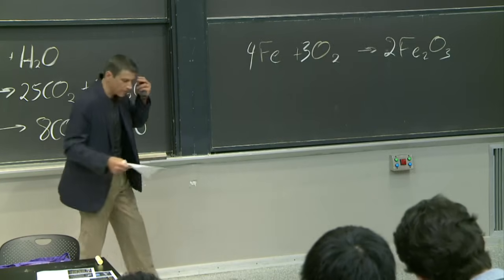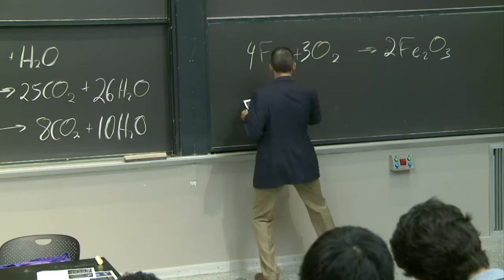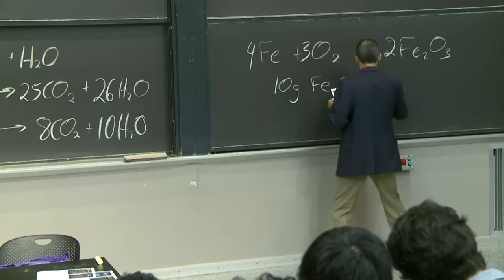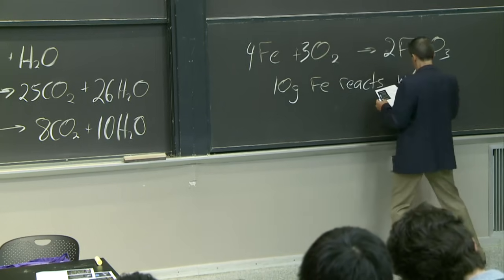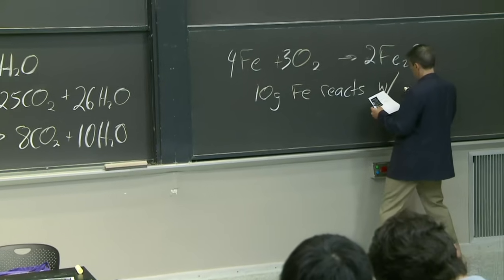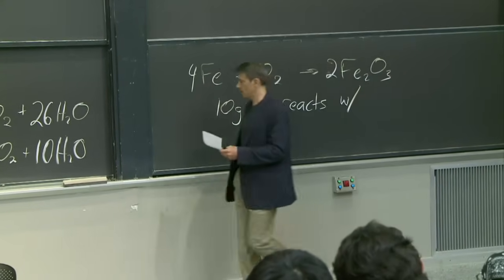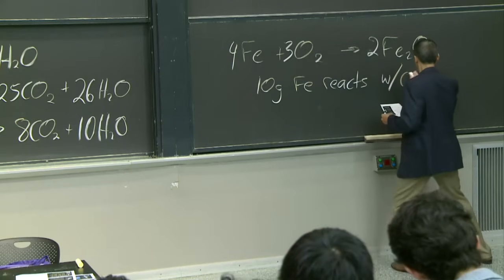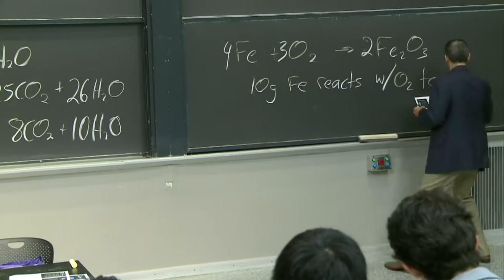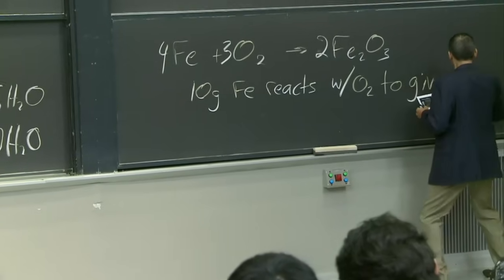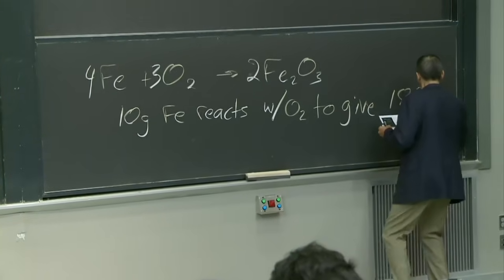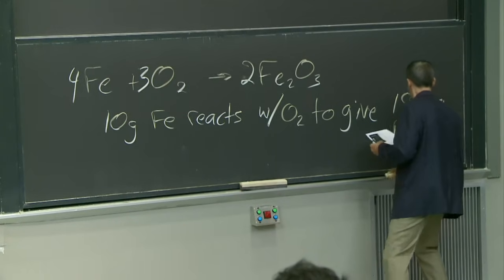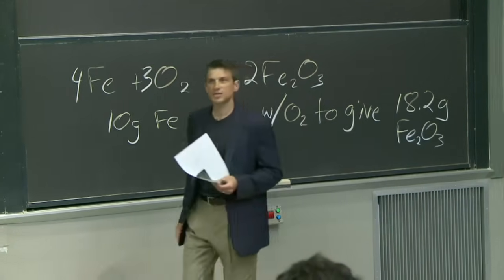And I tell you, for example, that I've got 10 grams of iron that reacts with O2 to give 18.2 grams of Fe2O3. This is an example from the textbook.